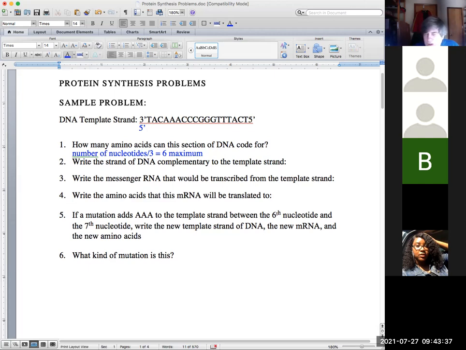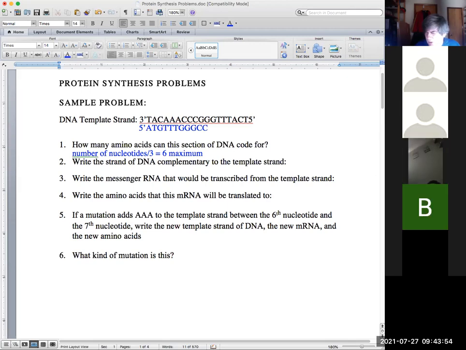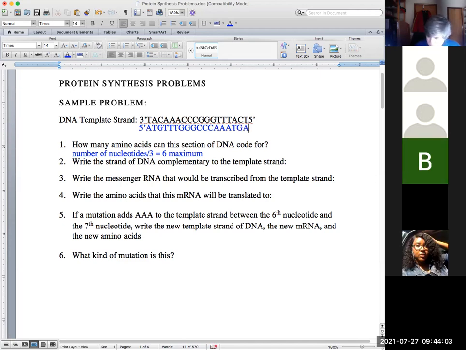Well, this is what strand of DNA is complementary to the template. So this means the strand of DNA is going to be A, T, G, T, T, T, G, G, G, C, C, C, A, T, G, A. And then the 3' end is down here.